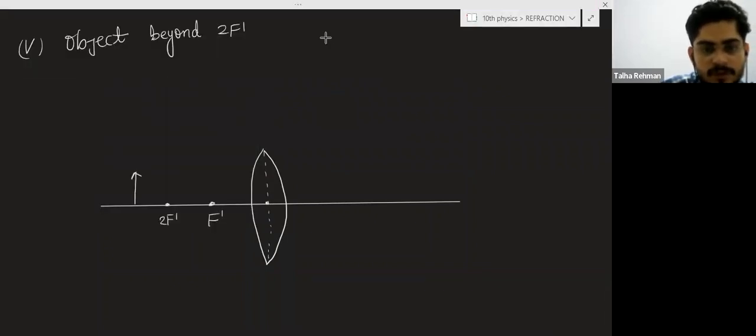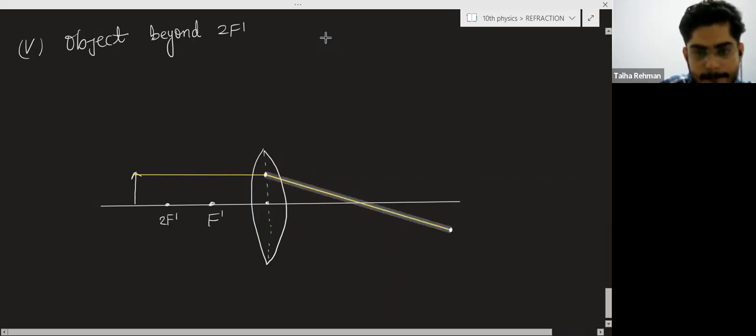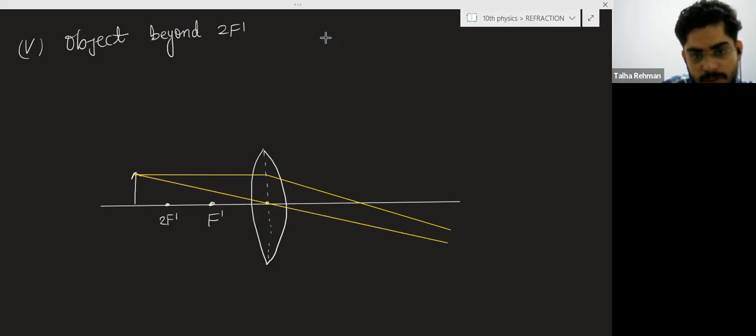For the image formation, the first ray will be like this, and it will pass from the focus. And the second ray will be like this. Both rays will meet at some point right here.